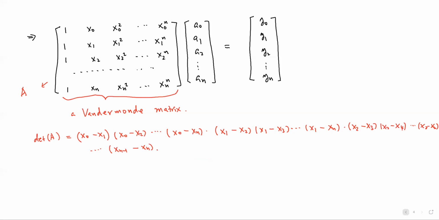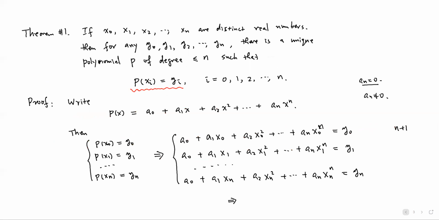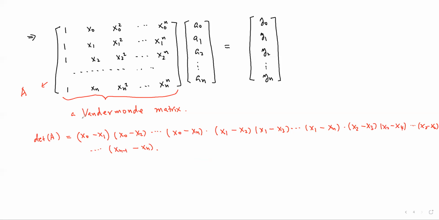Because we assume in this theorem that the roots are distinct, they are different, this product is non-zero. Right? x0 minus x1 is non-zero, x0 minus x2 is non-zero. So the product is non-zero. So in other words, when the determinant is non-zero, matrix A is invertible.